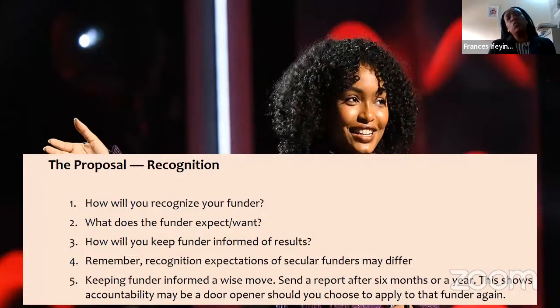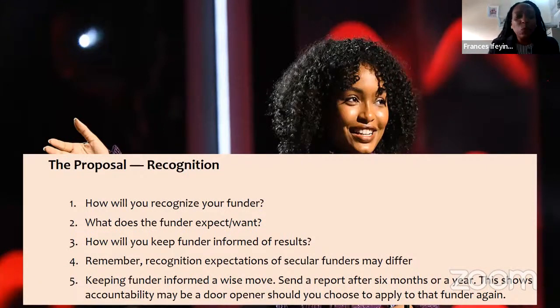The next part we're going to go into on this proposal writing for resource mobilization is recognition of the funder. When foreign organizations give funds, they want the world to know that they have actually done this and they have impacted.